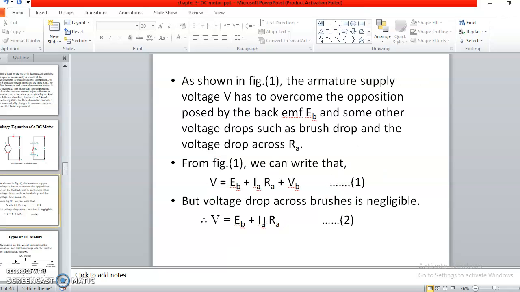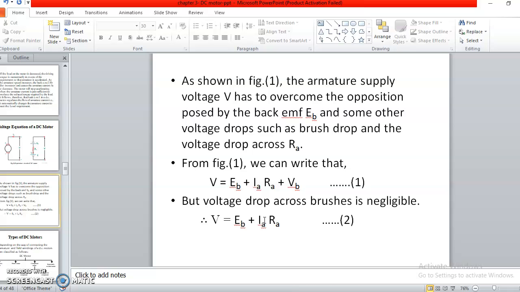Now we have to derive the voltage equation from the equivalent circuit diagram. The armature supply voltage V has to overcome the opposition posed by the back EMF EB and some other voltage drops such as brush drop and the voltage drop across armature resistance.